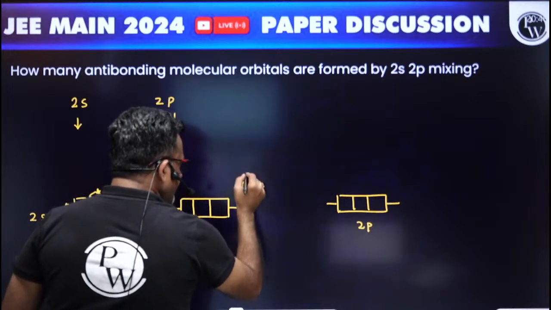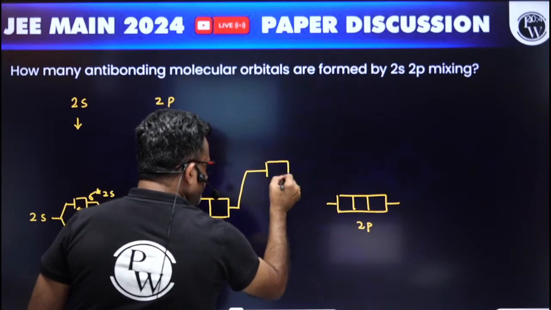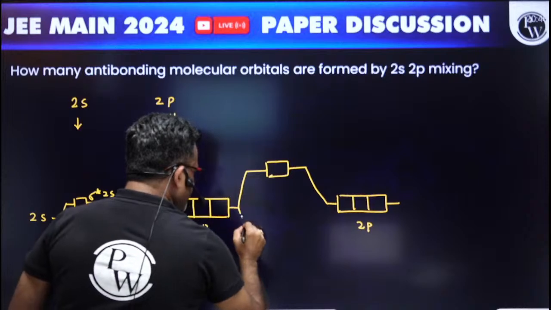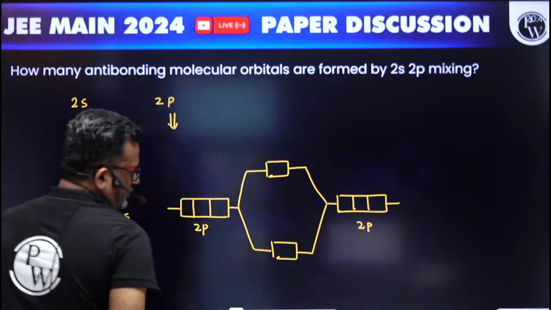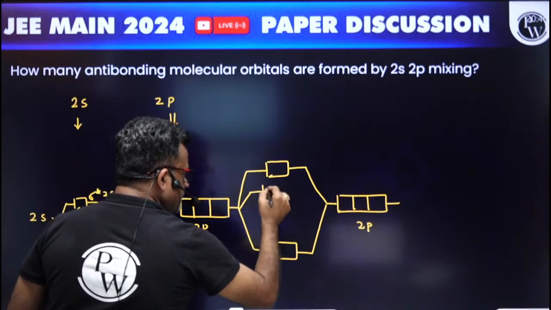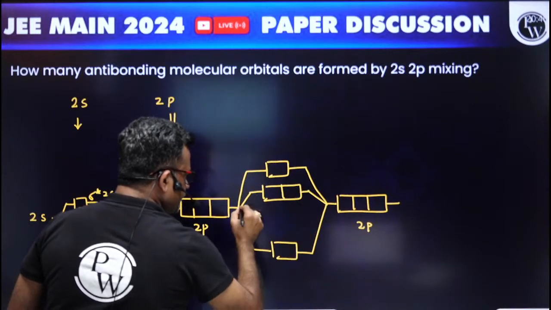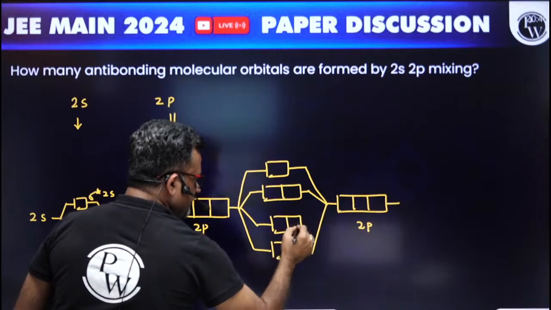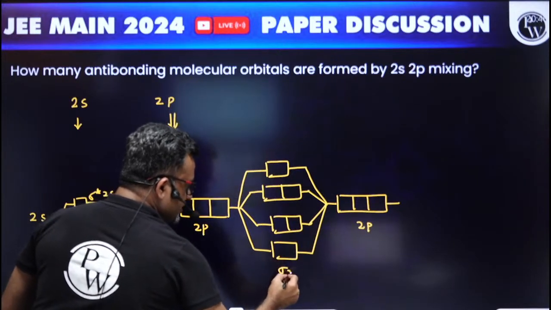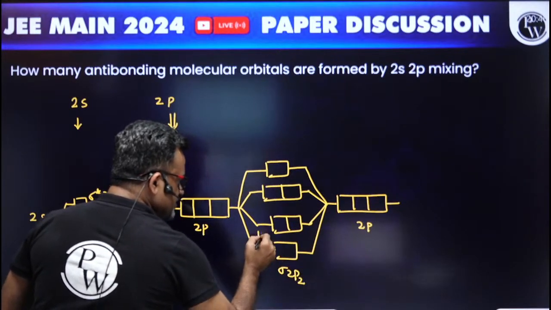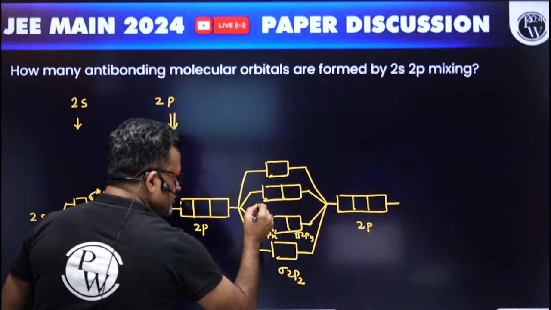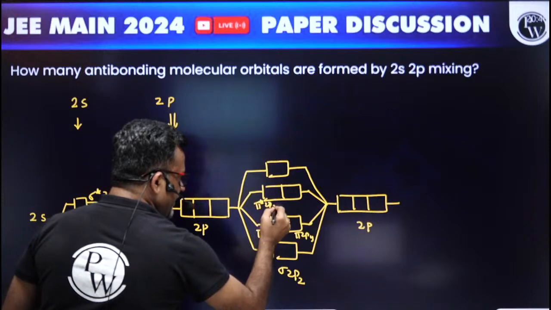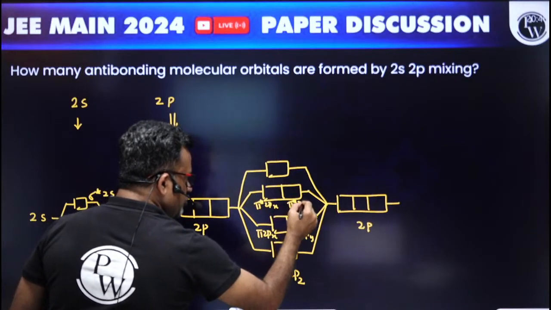what will it generate? This will be your sigma 2pz. This would be your pi 2px, pi 2py. This would be your pi star 2px, pi star 2py.